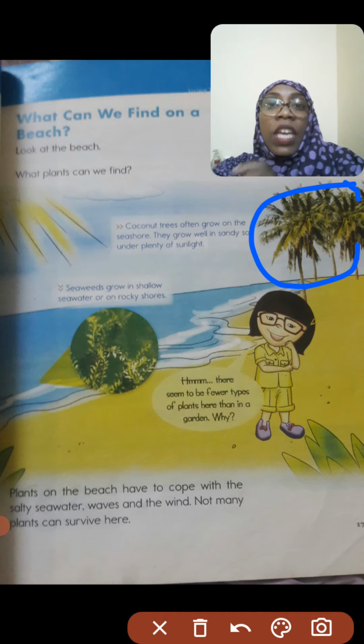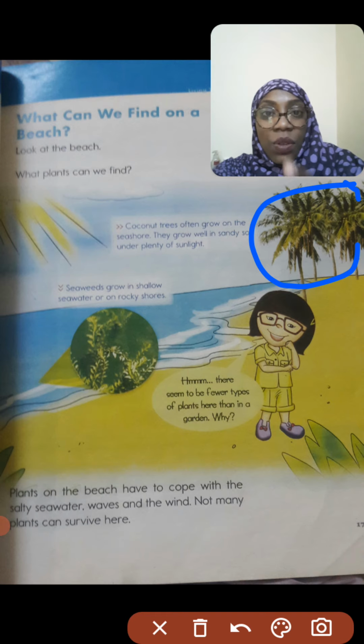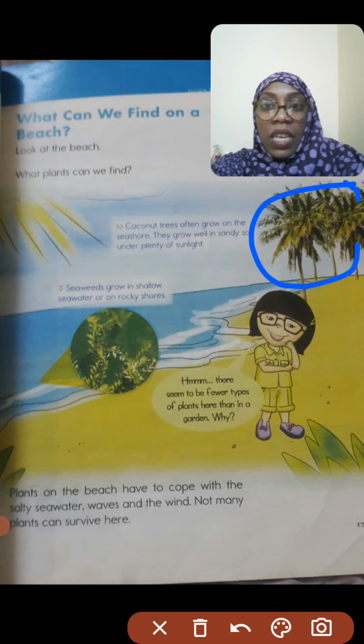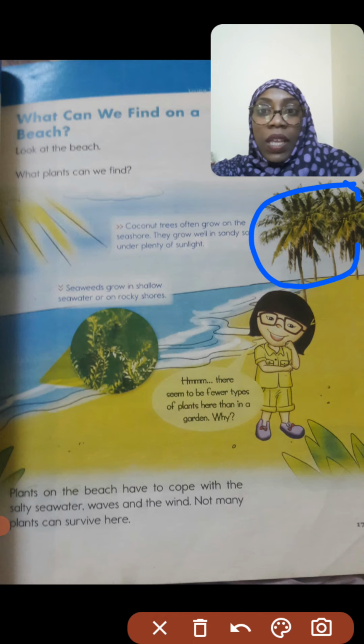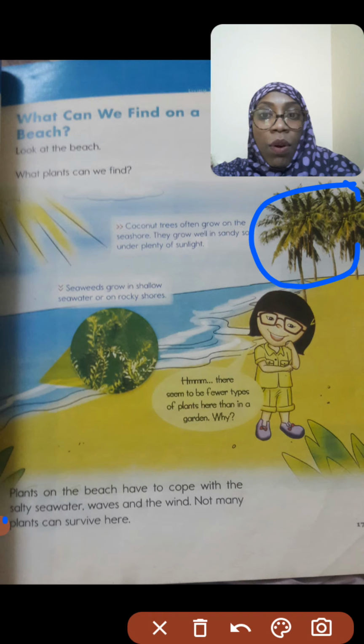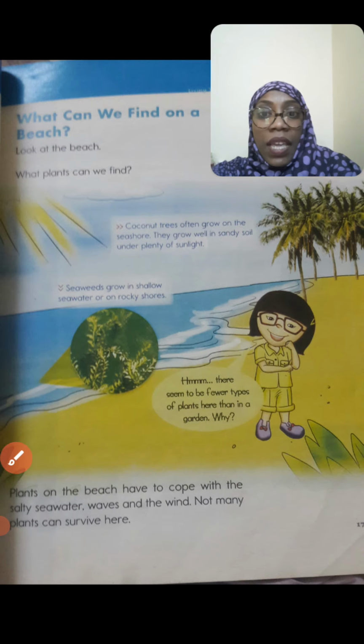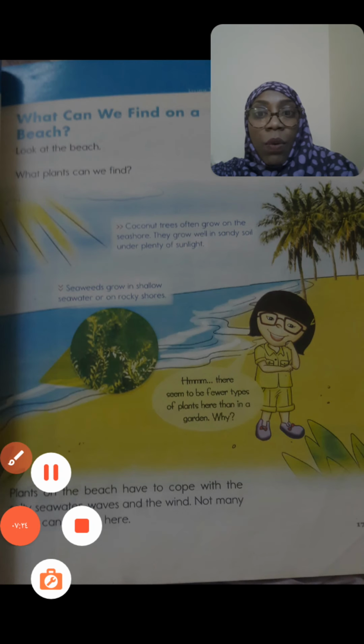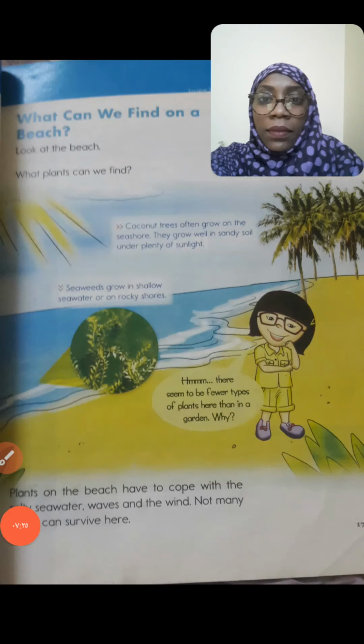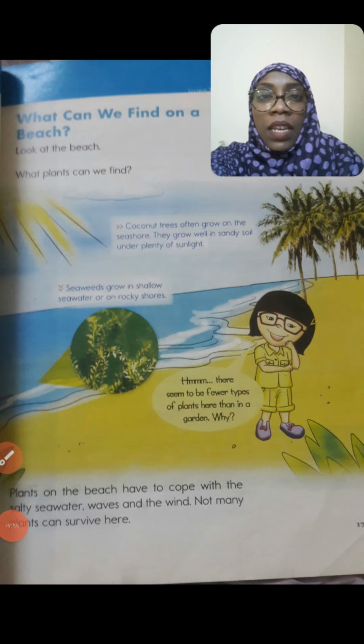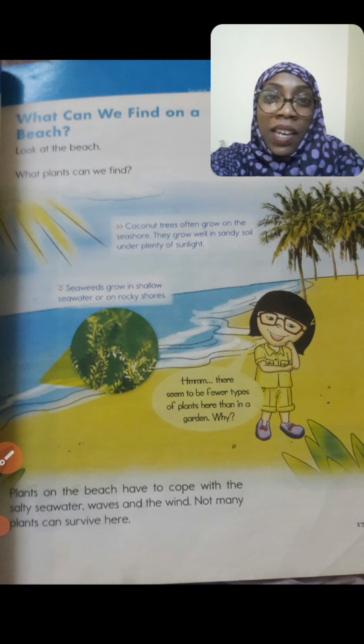All of you say with me, coconut tree. So this is the name for that tree. What else? What can you see in this picture? We have another kind of plant.